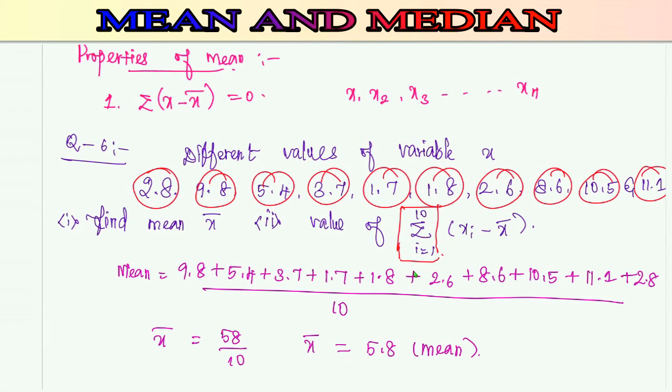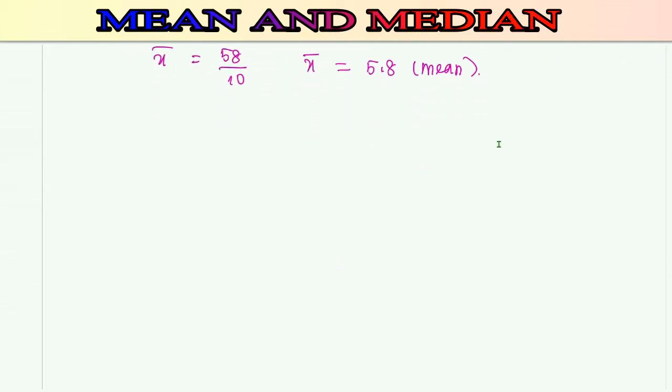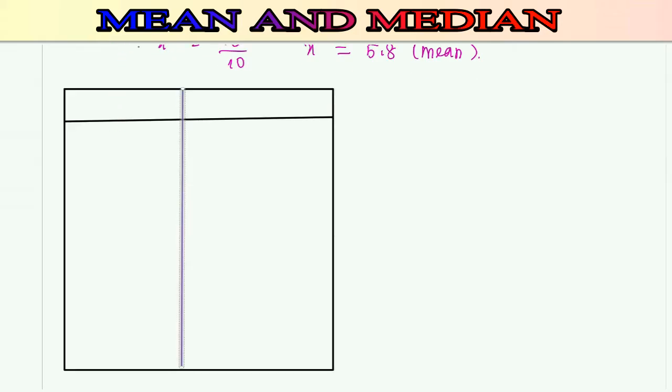Okay, now next we are going to find sigma (x minus x bar) is equal to 0. In the first column I am going to take the value of x, and in the second column x minus x bar.